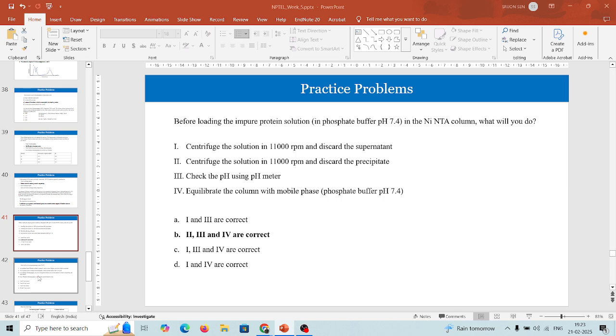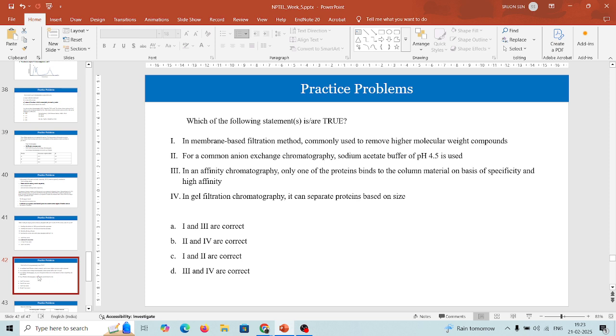Okay, which of the following statements is or are true? In membrane-based filtration method, commonly used to remove high molecular weight compounds. For a common anion exchanger chromatography, sodium acetate buffer of pH 4.5 is used. In an affinity chromatography, only one of the proteins binds to the column material on the basis of specificity and high affinity.